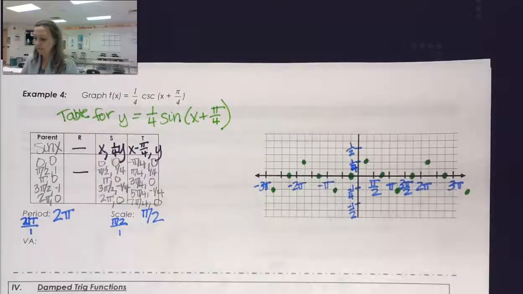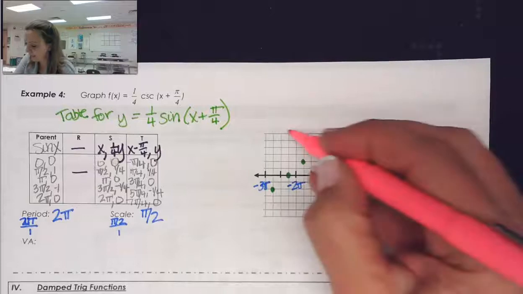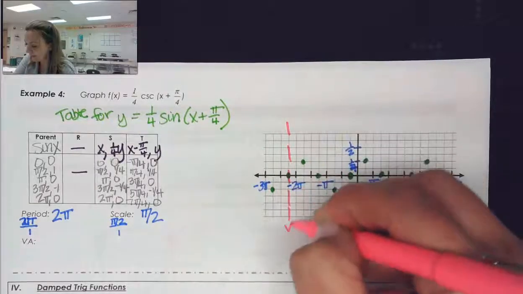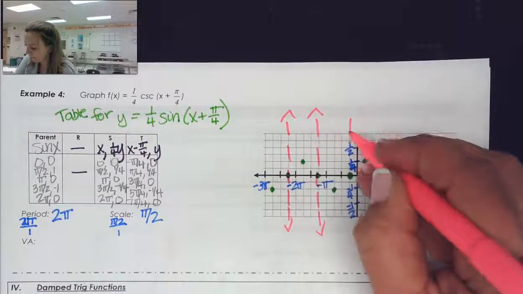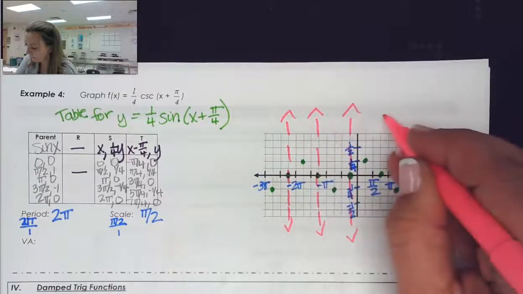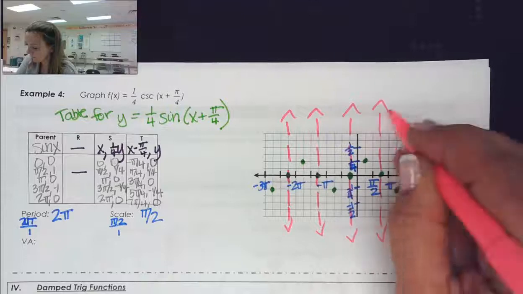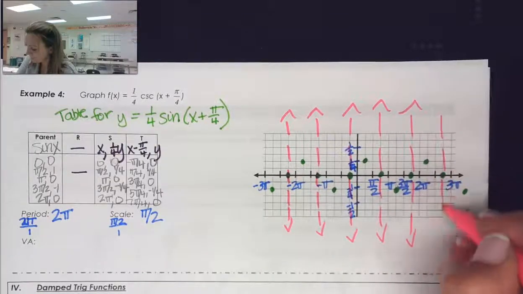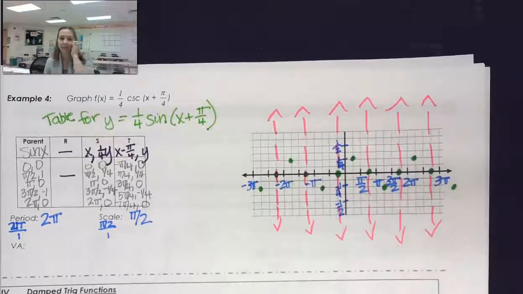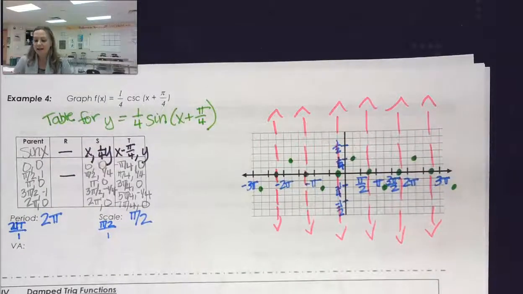And I would draw the vertical asymptotes every time that you see those x-intercepts again. Okay, drawing those asymptotes in. Mine are not very pretty, sorry, okay?